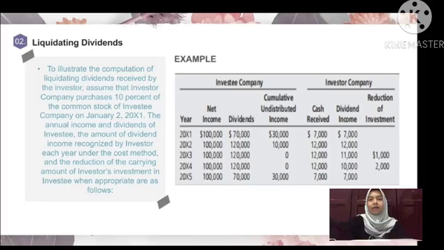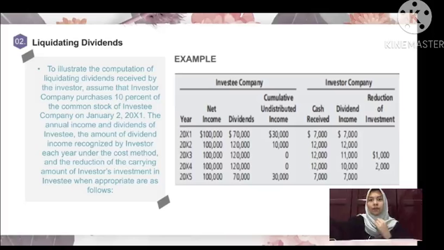By the end of 20x3, dividends declared by the investee since January 20x1 total $310,000, while investee income since that date totals only $300,000.